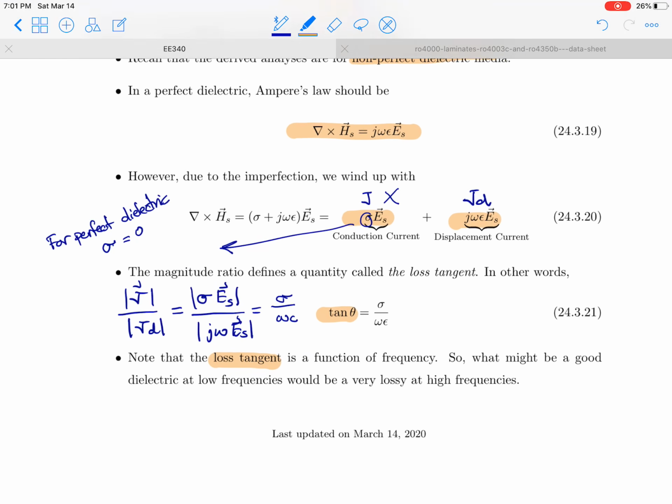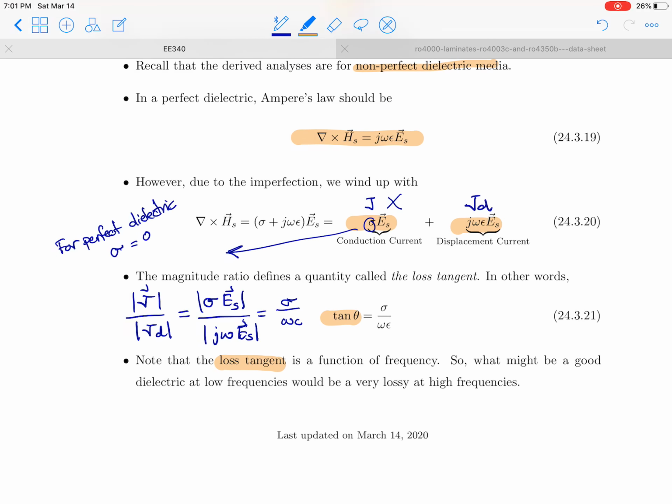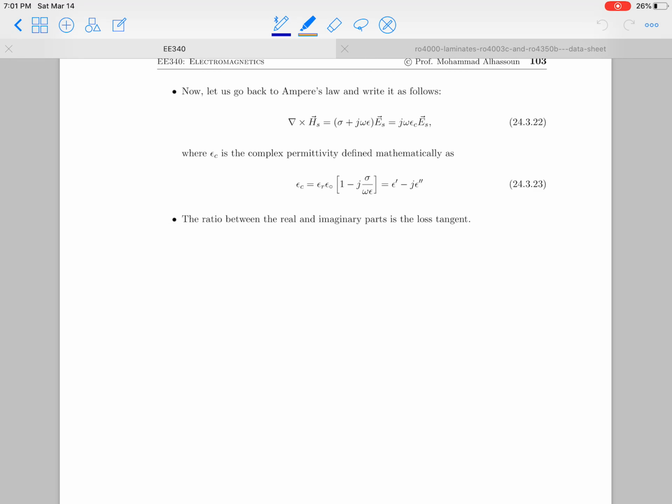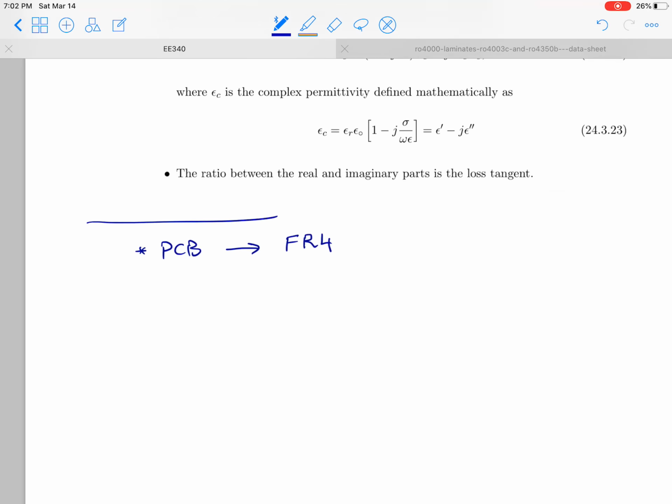And remember, we don't have anything constant anymore, since everything now will be a function of frequency. Some materials might be good dielectrics at very low frequencies, but they are not as good at very high frequencies. As an example, most printed circuit boards, PCBs, use fiberglass as a substrate material.